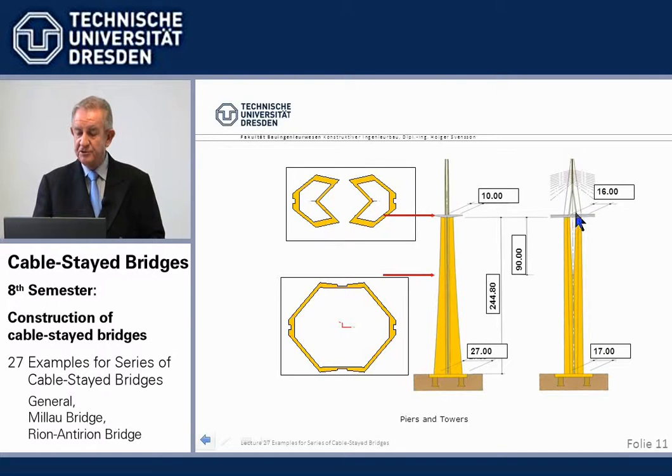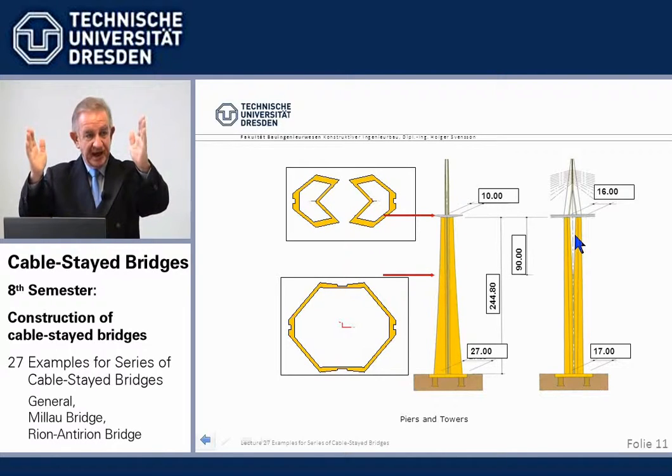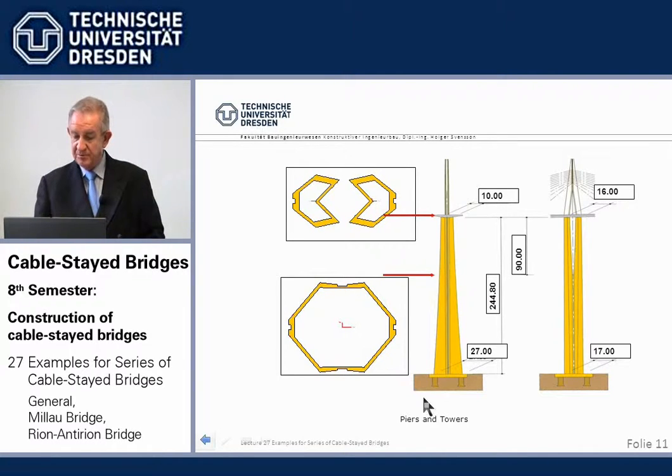Now, what to do with this force couple, tension and compression, which comes down here? Well, we receive the spread tower legs by spread pier legs. You see here the pier has a slot, a cut in between, and so the force couple from here goes directly into a force couple here, which is again very stiff.